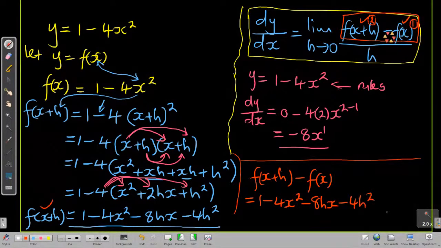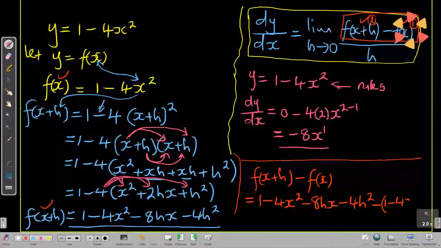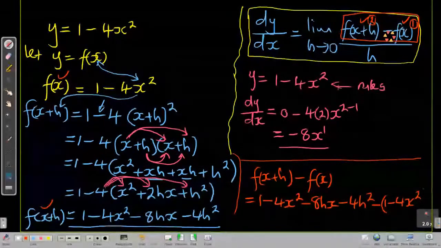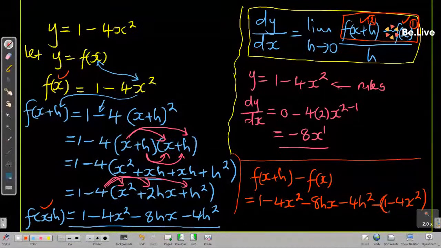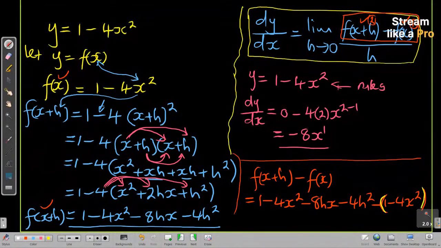And then I've got minus f of x. Remember in the beginning I had my f of x which is 1 minus 4x squared, so you put a bracket and say 1 minus 4x squared. These brackets are very important, because if you don't put that bracket, you're going to miss out everything.